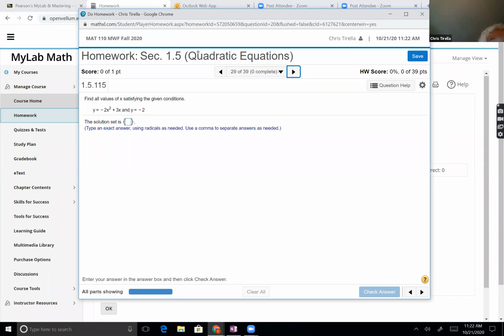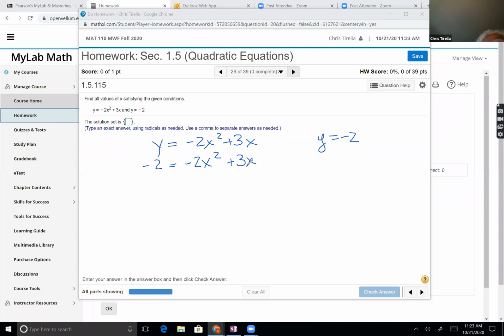Are you stuck? Because this has two variables, y equals negative 2x squared plus 3x. But we want to know what happens when y equals negative 2. So what we're going to do is substitute negative 2 in for y. And now we've got a quadratic equation in one variable. I want to make one side 0.